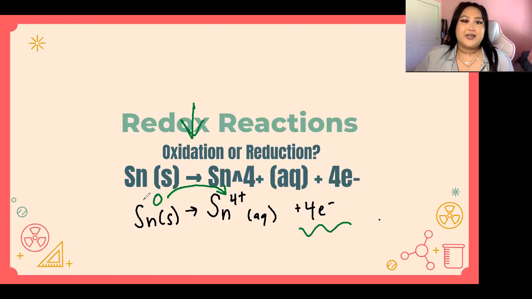And on the flip side, if the reactant side has a plus something e negative, then it's reduction. That's the shorthand way to do these problems. Any questions on how we solve this problem? No? Okay, cool.